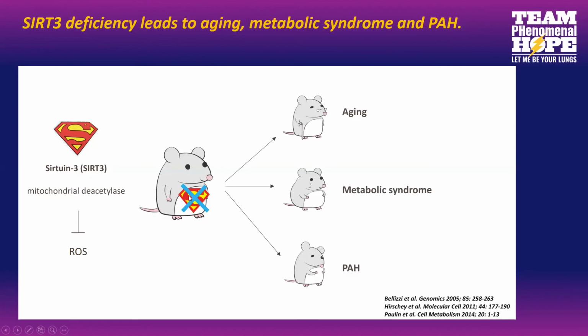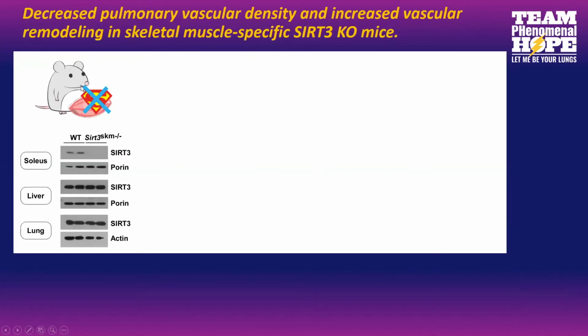And when mice don't express SIRT3, it has been shown that they become older, they develop a metabolic syndrome, and pulmonary arterial hypertension. So in our hands, we found out that when we knock out SIRT3 specifically in skeletal muscle, as you can see here, the SIRT3 protein expression is decreased or is lost in the muscle, but they still express it in the liver and in the lung.